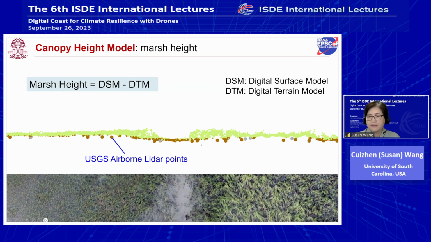Only limited points and almost no vegetation class from this airborne LiDAR. And you can also tell the bare earth, they're kind of matching fine. So this one also confirms the validity of drone LiDAR for the vertical positioning.